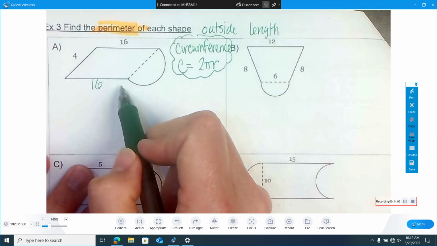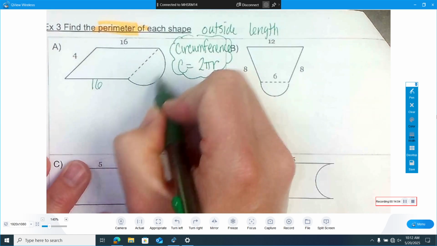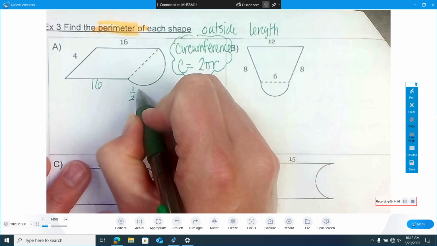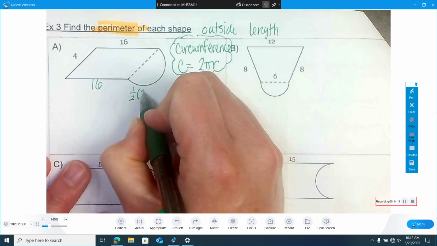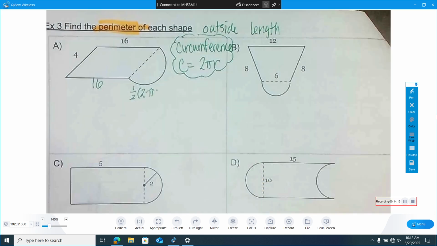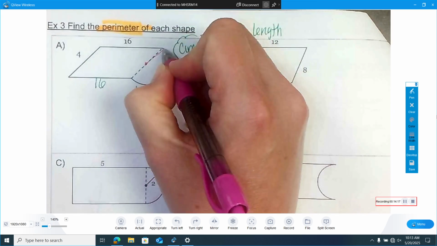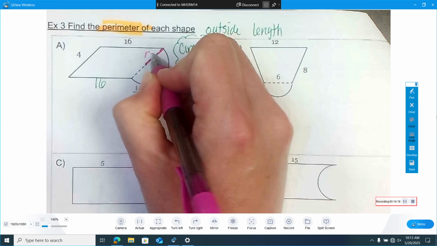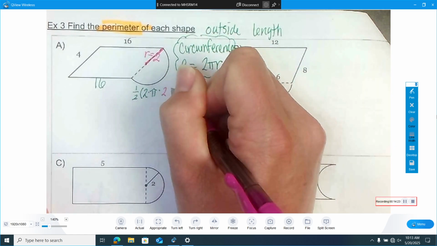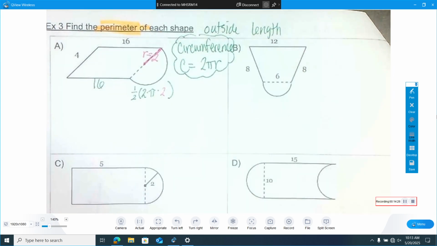So we have these 3 sides, and then this is half of a circle. So we have half of the circumference, so half of 2 times pi times, what is our radius? 2. R equals 2. All right, so there's our radius right there.